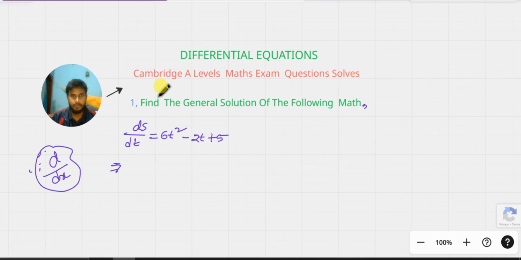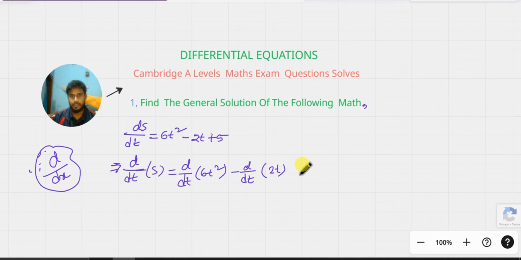Our next new math is d/dt, the differential operator, and the function is s equal to 6t square minus 2t plus 5. So in this function, the differential operator d/dt will be applied to the s function. So d/dt of 6t square minus d/dt of 2t plus d/dt of 5.